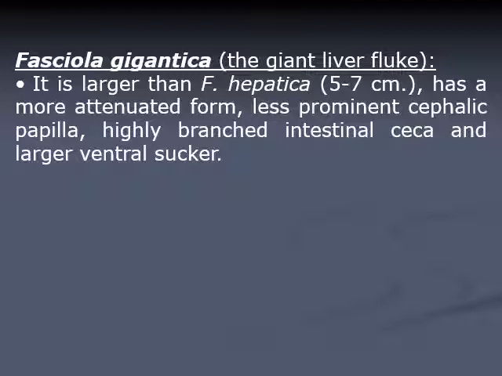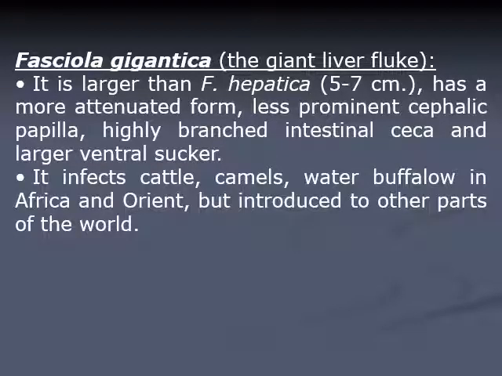It has a less prominent cephalic papilla or cephalic cone, and it has highly branched intestinal ceca and a larger ventral sucker. It infects cattle, camels, water buffalo in Africa and Orient, but was introduced to other parts of the world with export and import of the cattle and buffaloes.